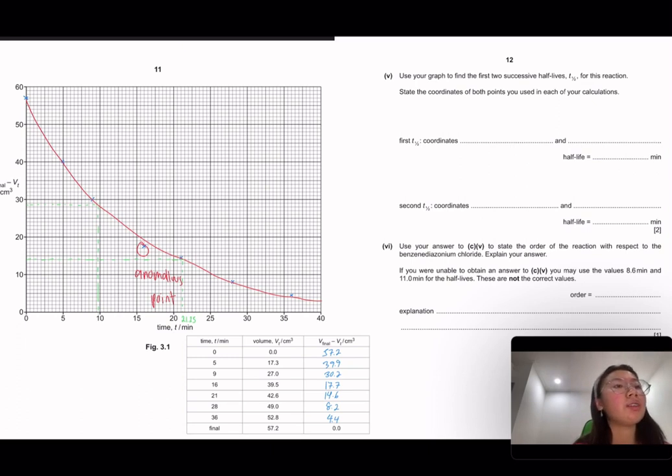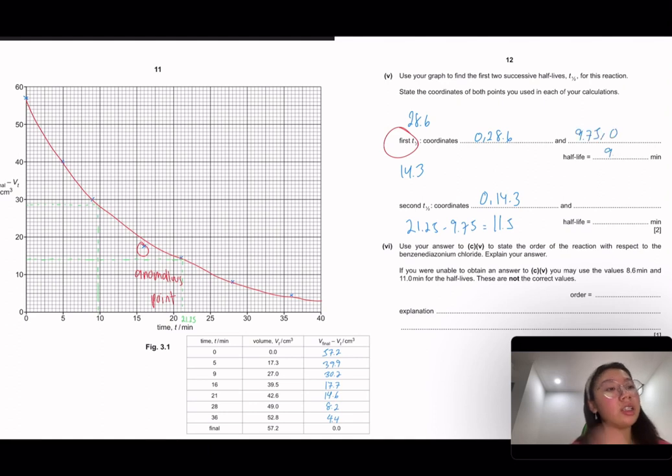Use your graph to find the first two successive half-lives for this reaction. Half-life, self-explanatory. So half of 57.2 is 28.6. I have plotted it with the green dotted line. That'll be 28.6. It reaches the 9.75 mark, so 9.75 minutes.